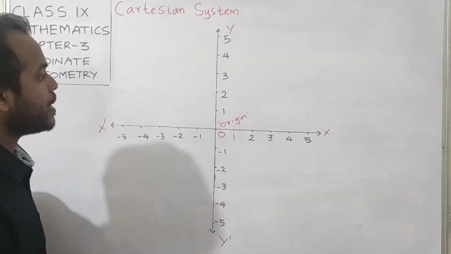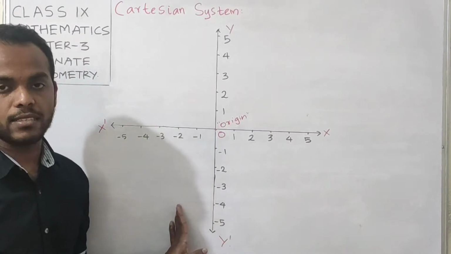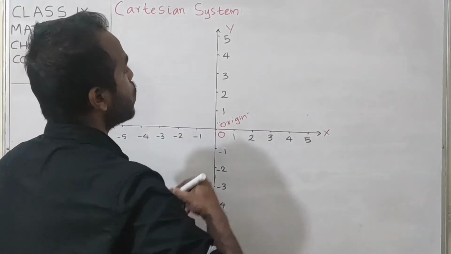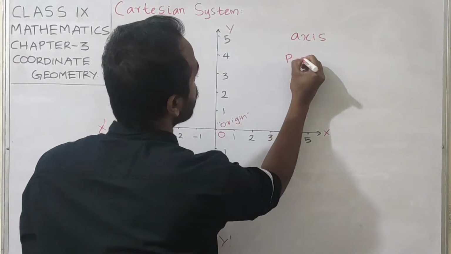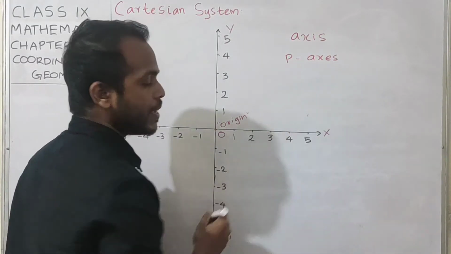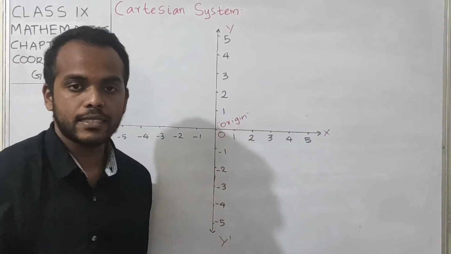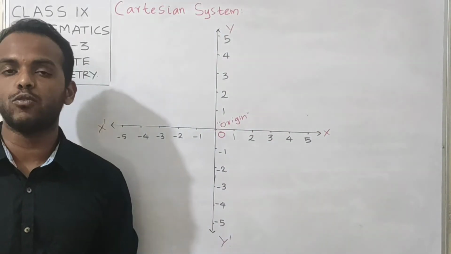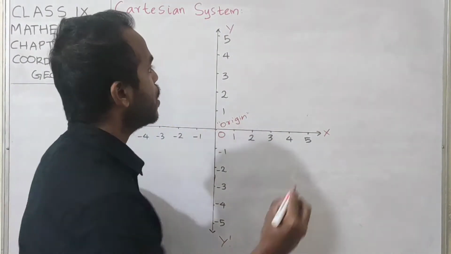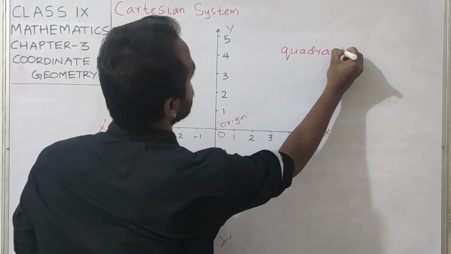One more thing is that these four lines are called axes. One is pronounced axis, and its plural form is axes. So we have four axes. What these four axes do is divide the whole plane into four equal parts called quadrants.